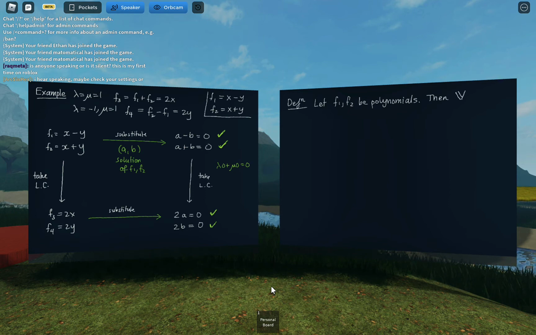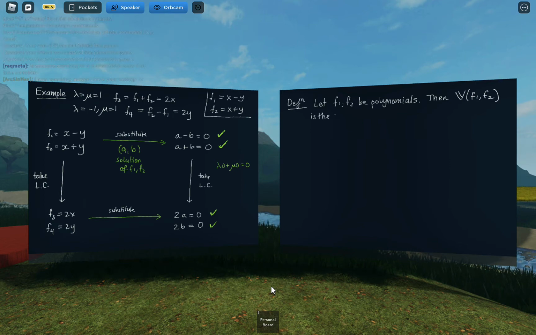Then V, sort of bold V, of F1, F2 is the set of all solutions of F1, F2. That is, it's the set of all pairs (a, b) making both equations 0.